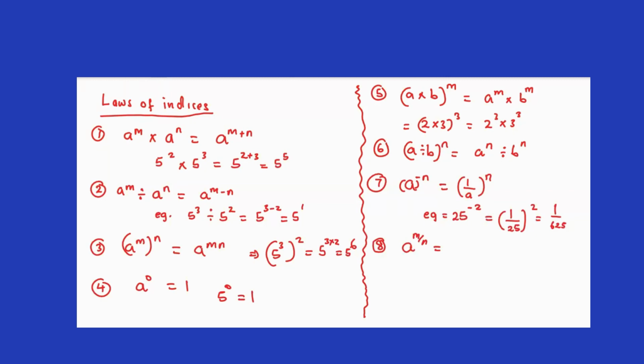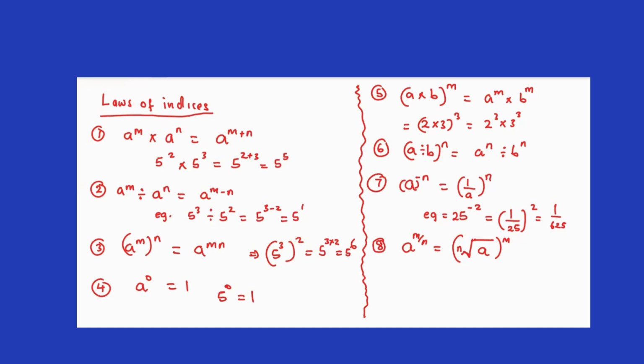So this is actually the square root, cube root, fourth root, fifth root, up to even the 100th root. So in this case, A raised power M over N will be the nth root of A, but again we raise to power M. So you see, the denominator there shows the root, but M is just a normal power, which is not a fraction. So that is what I mean.